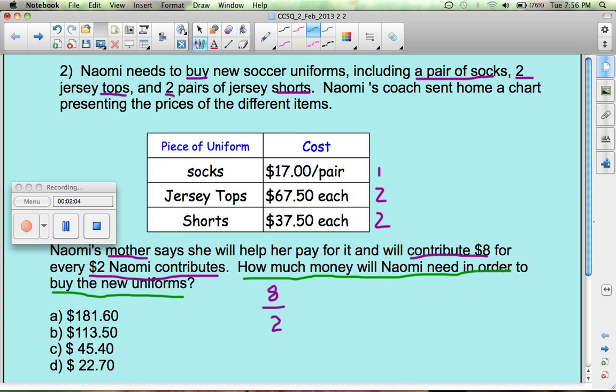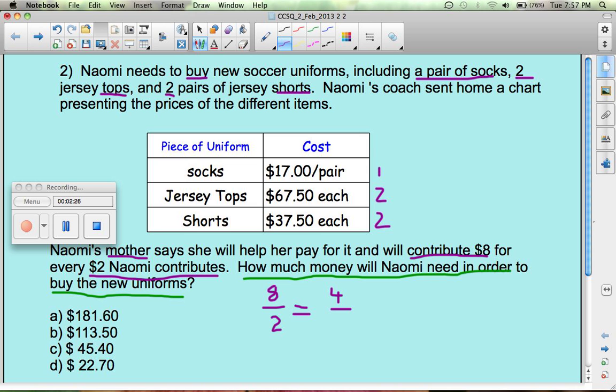Okay, well, Mom is going to be paying, if I reduce the rate in the problem 8 to 2, and I reduce this, 2 goes into 8 4 times, and 2 goes into 2 1 time.